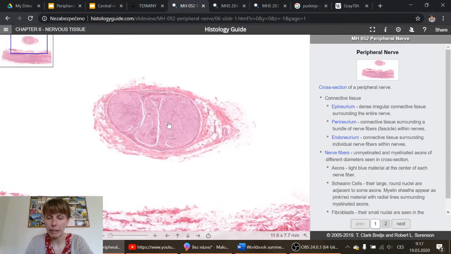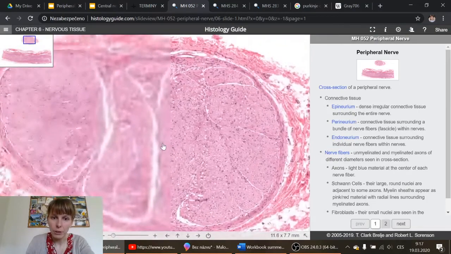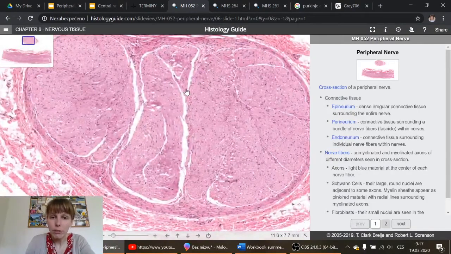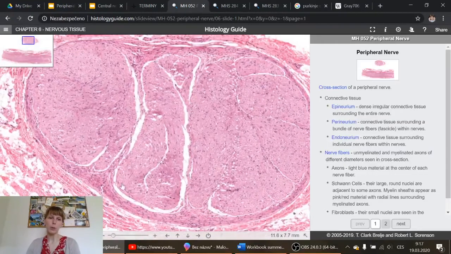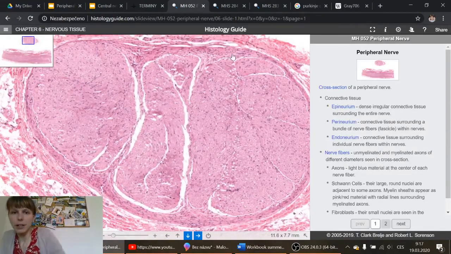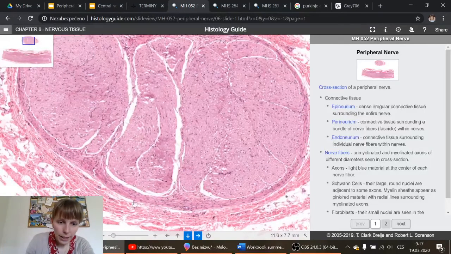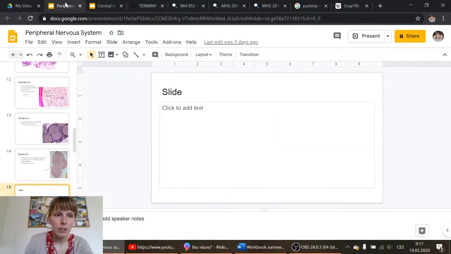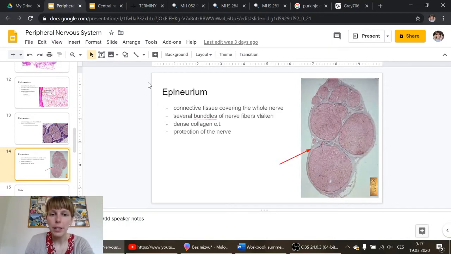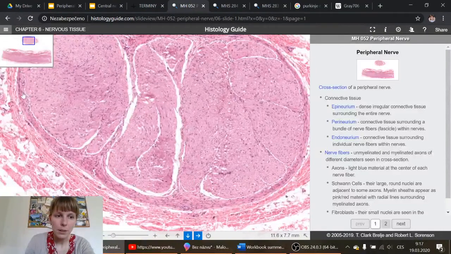That's where we can really see the different layers of the connective tissue. So this whole thing will be one peripheral nerve. So you can see straight away that you have a lot of connective tissue going around the whole structure. So that will be the epineurium. So epineurium will be this layer of connective tissue going around.